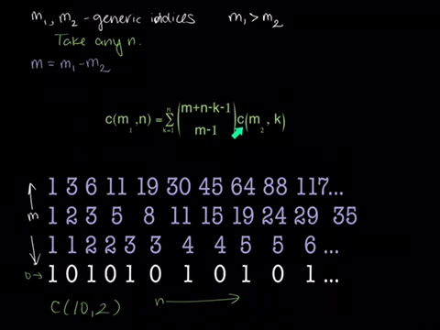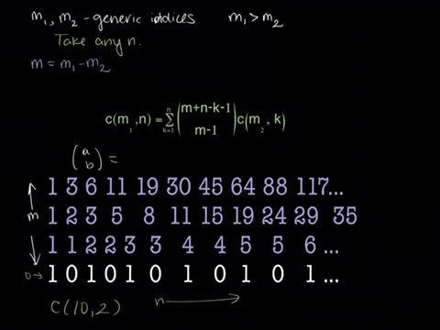It's going to be the terms of row m2, so the first through nth term, and we're going to multiply that by this quantity. Now remember, this is called a combination, so real quick, I'll use different indices. A choose B is equal to A factorial divided by B factorial times A minus B factorial.